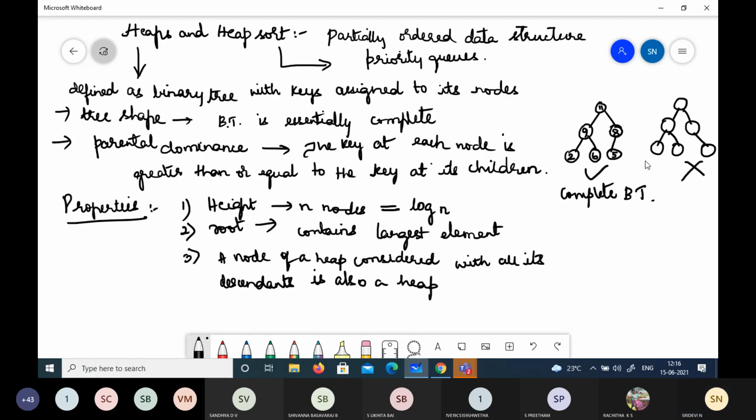Okay. And a heap can be implemented as an array. So how can you implement a heap as an array?